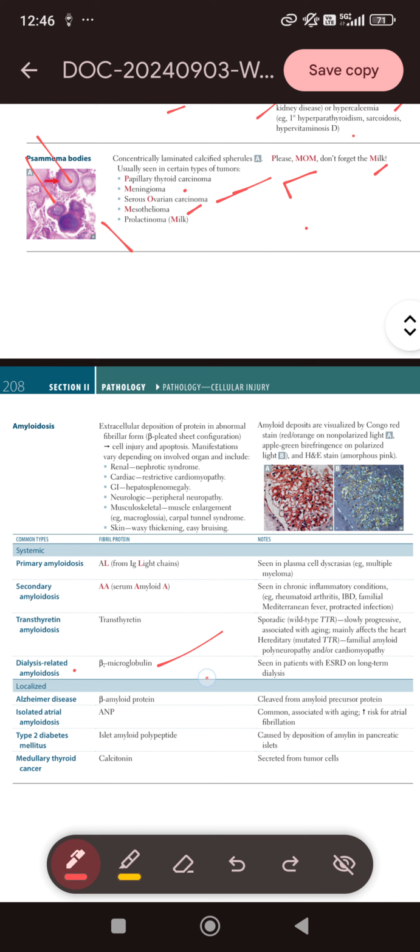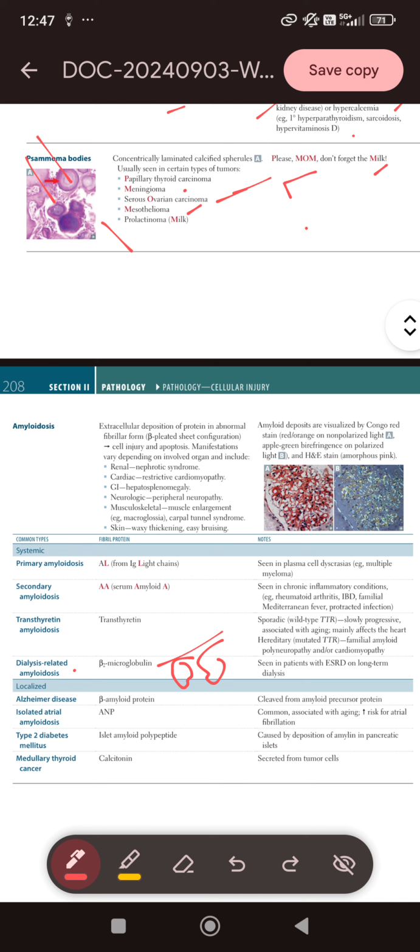To make it easy, beta 2 means two kidneys are there. So for remembering, kidney, dialysis, beta 2, all come into one category, and it is seen in patients with ESRD, end stage renal disease, on long term dialysis.